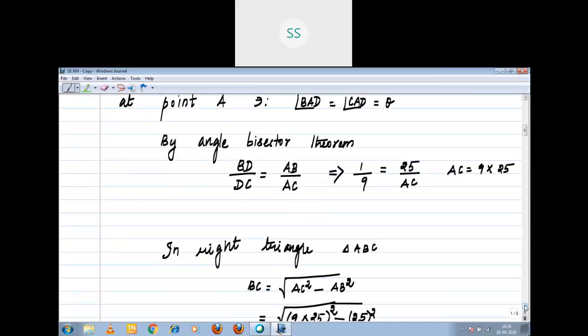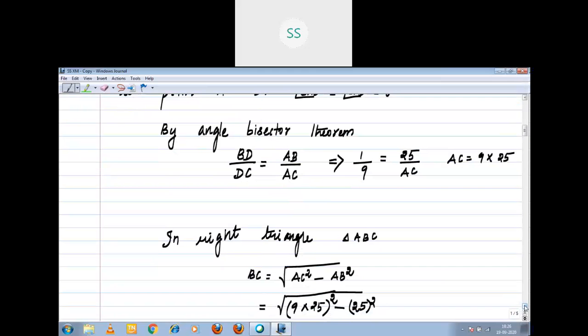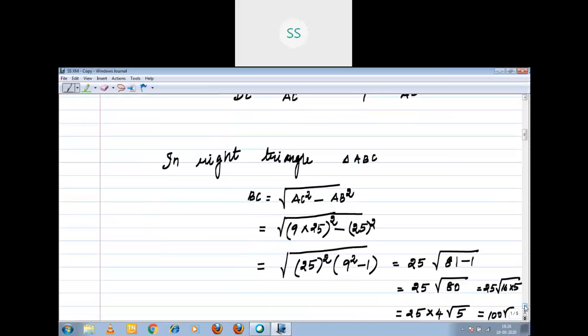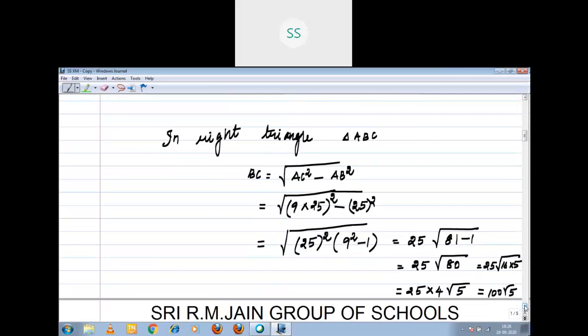By angle bisector theorem, BD divided by DC equal to AB divided by AC, which implies BD divided by DC is given as 1 by 9. AB we know 25 divided by AC. AC equal to 9 into 25. Purposely I didn't multiply, right? In right triangle ABC, BC equal to square root of AC square minus AB square.